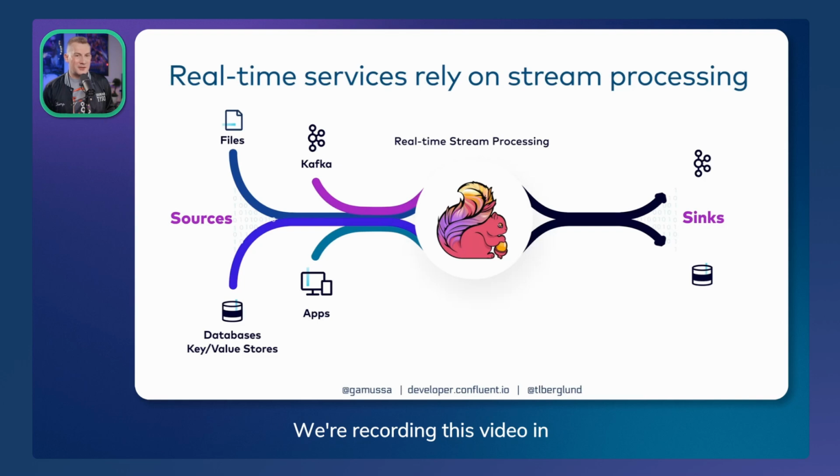We're recording this video in 2025, and there is an obligatory requirement for every speaker to mention AI somehow, and this is no exception. The majority of the time, you're dealing with data that comes from either files or Kafka, but these days, we see more and more workloads that need to somehow interact with different existing models, whether models that you host yourself or some services. And Flink is no exception here. Flink provides support for interacting with existing model providers like Anthropic or OpenAI.